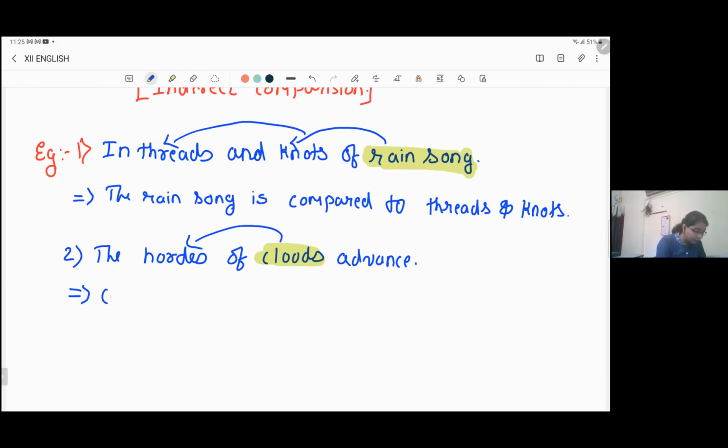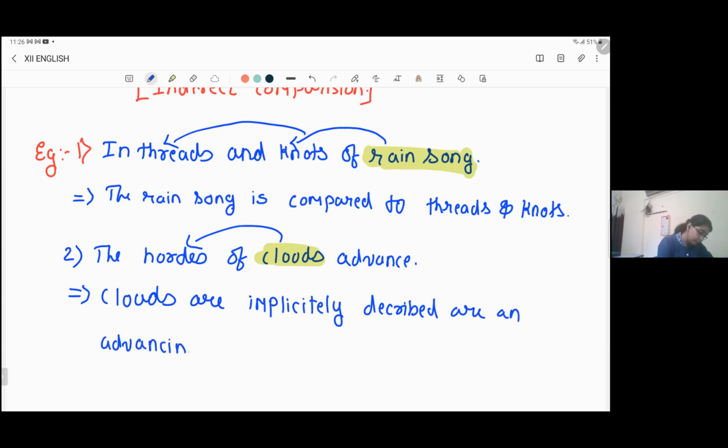The clouds are, you can write, implicitly described as an advancing army. Clear?